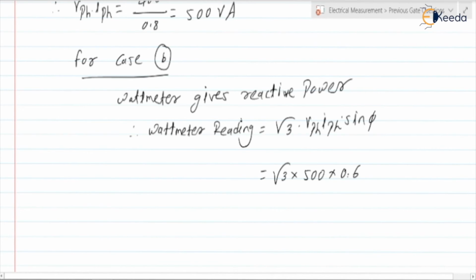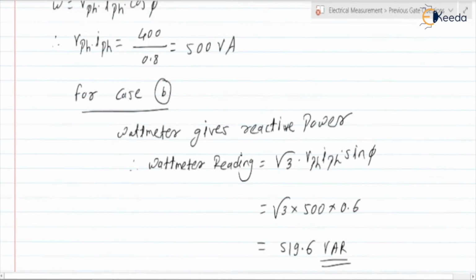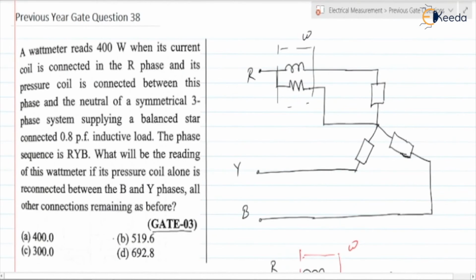So if we check, it is equal to 519.6 volt ampere reactive actually, right? So if you check the options, the correct option is option B.